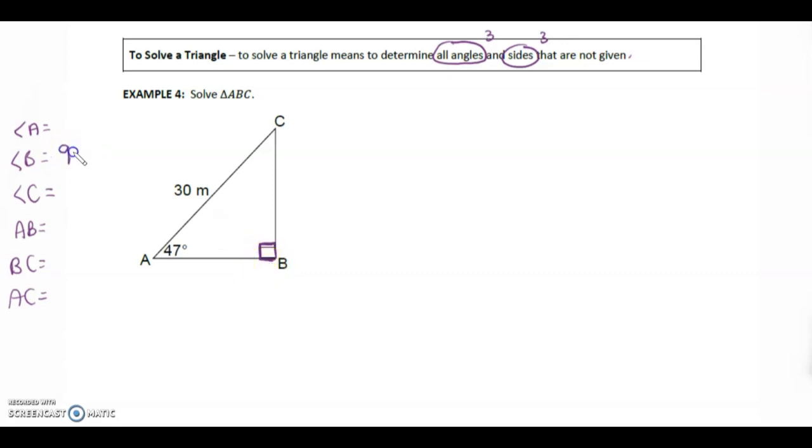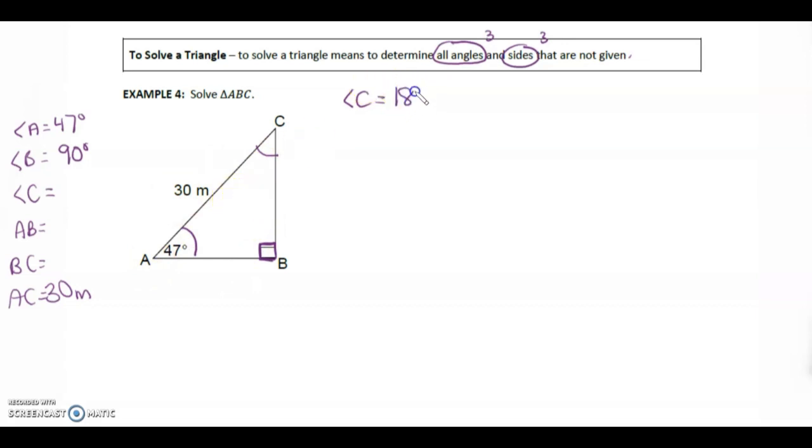So angle B is clearly 90 degrees. Angle A is 47 degrees. And side AC is 30 meters. So these are the 3 that we're looking for here. Okay, when I look at this, the easiest thing to solve for is angle C. We know from the prerequisite skills that angles A, B, and C are all going to add up to 180 degrees.